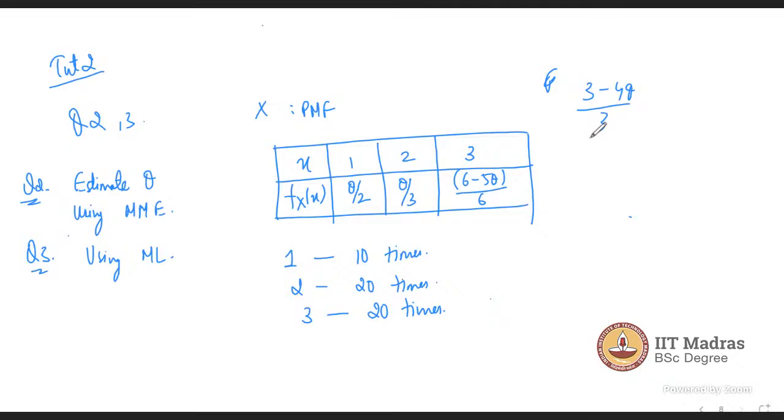So it is 9 minus 4 theta by 3, and this is your expectation, right? X bar I found as 11 by 5. So from here we get theta as 6 by 10.